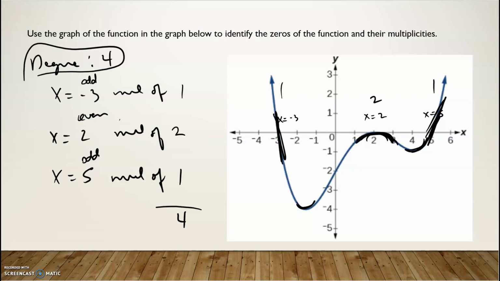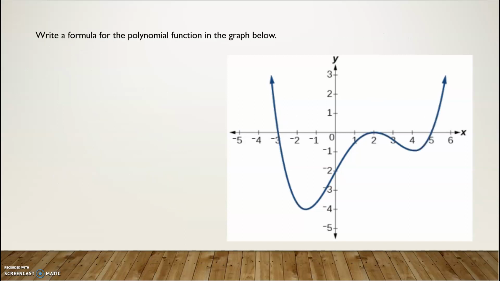Now back here, we figured out that we had zeros at -3, 2, and 5, and a multiplicity of 1, 2, and 1 for those, respectively. Okay, so we're going to put this in factor form. So f of x is equal to x, we had a -3, so I'm going to change that to plus 3 raised to 1.